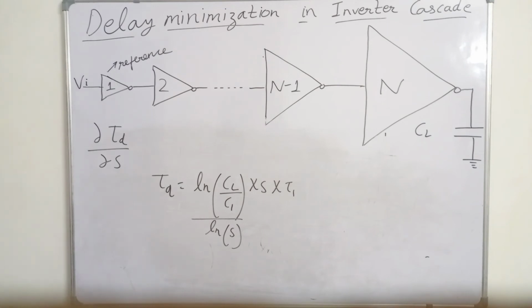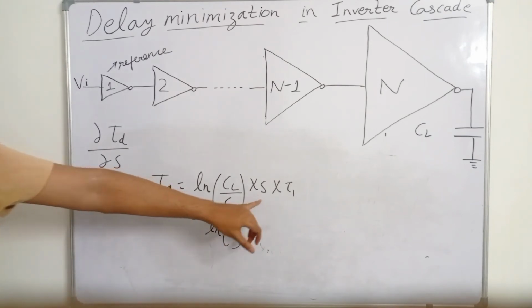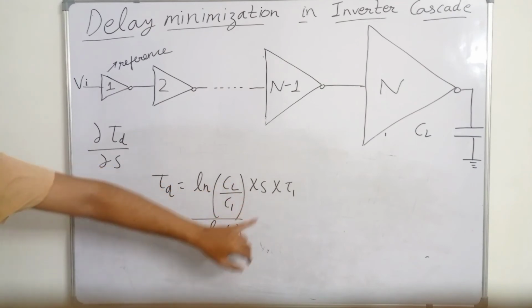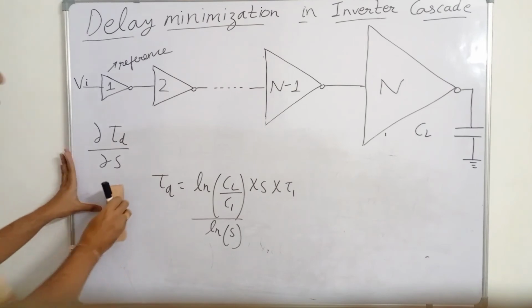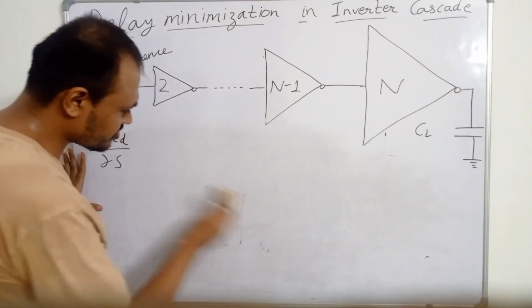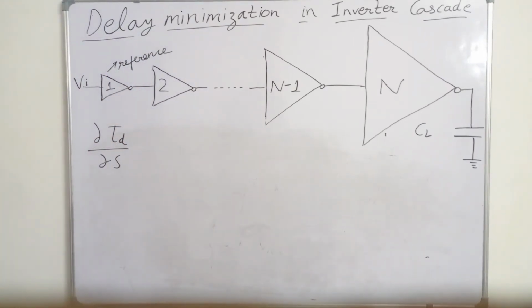Because tau d is a function of only S. CL, C1 and tau 1 are constants, so only S is variable here.